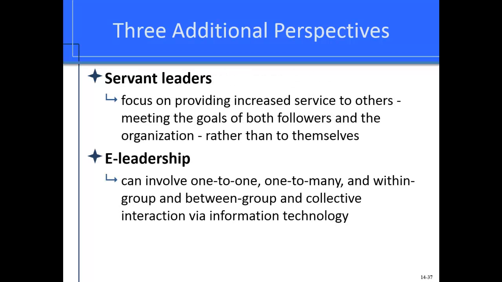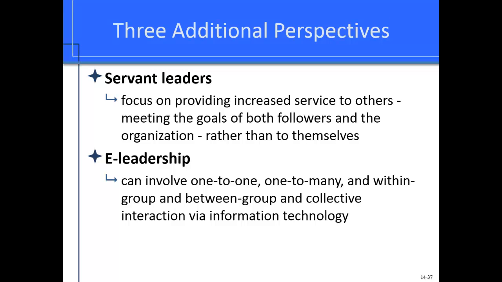We move on to talk about servant leadership, which focuses on providing increased service to others, meeting the goals of both followers and the organization, rather than one's own. Servant leadership is a long-term transformational approach to life and work. And lastly here, e-leadership is leadership within the context of electronic technology.